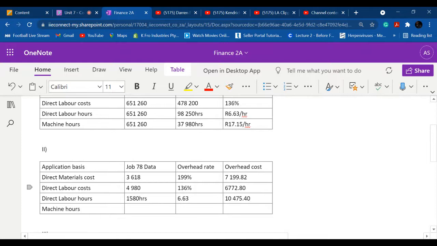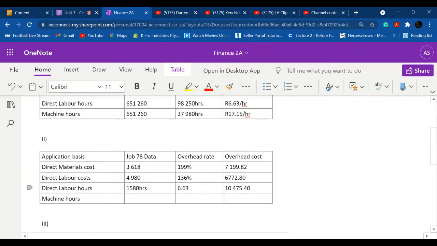Okay, yeah. Last one. Last one is machine hours, and they've told us this job took 465 machine hours. Okay. We calculated the rate to be 17.15.